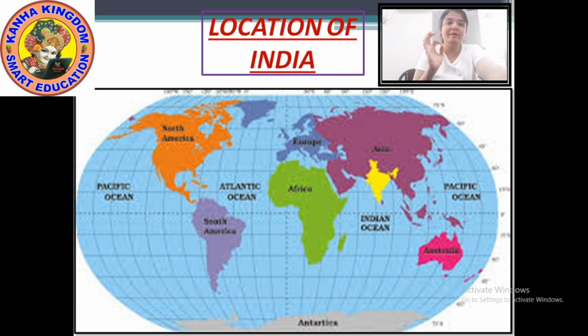Looking at all the continents on the world map, the first question that comes to mind is, where is India located? India is located in the Asia continent, in the northern hemisphere. Or more easily you can say India is a country located in the Asia continent.